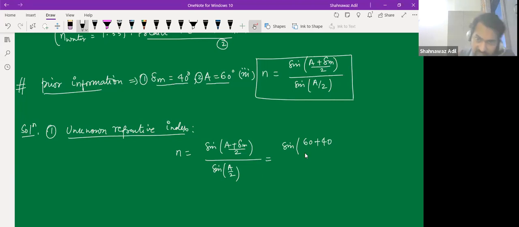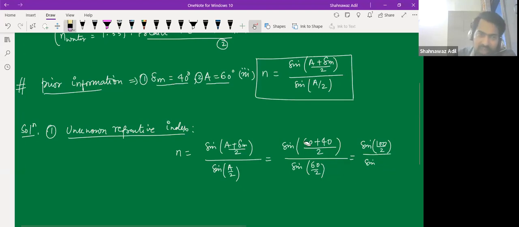We can just find out what this value is, divided by sine of 60 by 2. So this is sine 100 by 2, and sine of 30 degree.